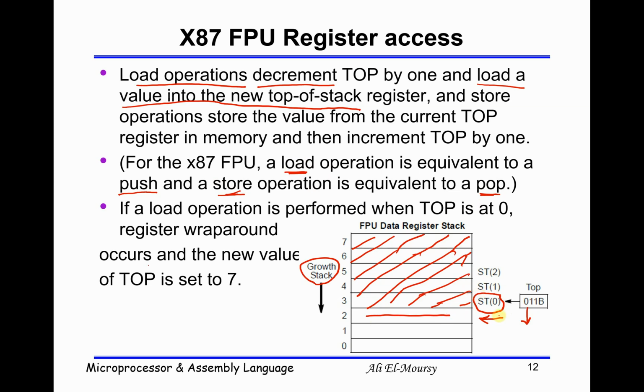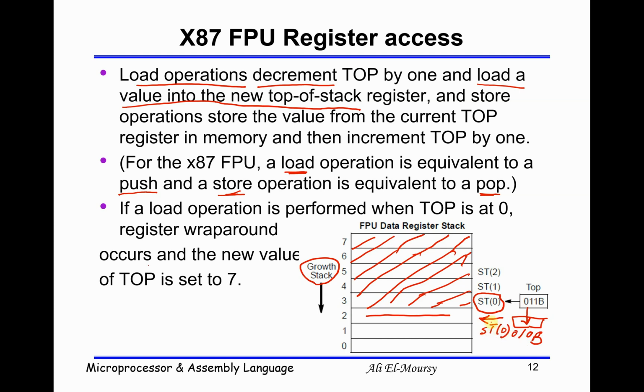Automatically after I load the data, that TOS, or top of the stack, will not be at 110. The top of the stack will be at this location, address 2, R2. R2 means it will have the value 010 in binary. And this is actually where the new ST0 will be pointing.